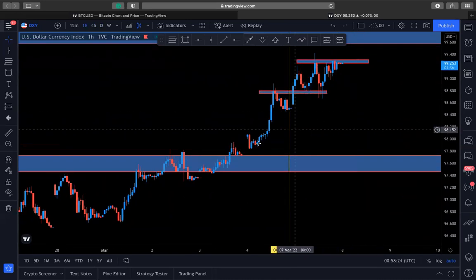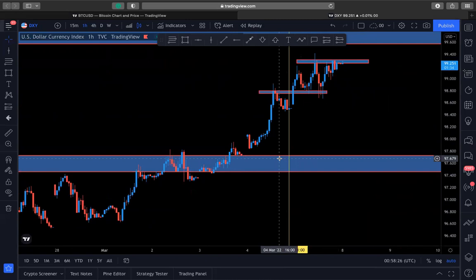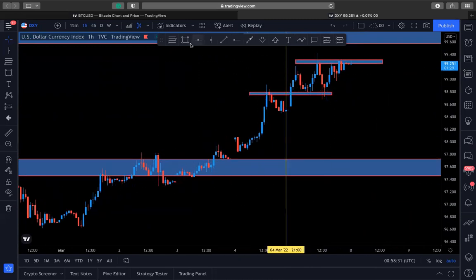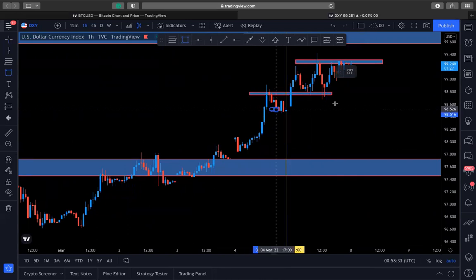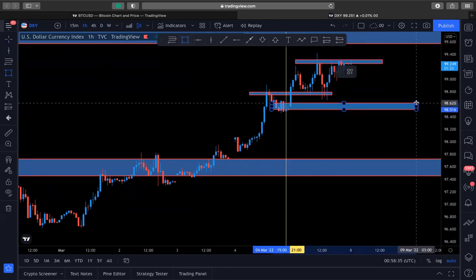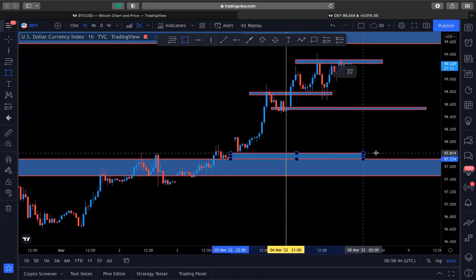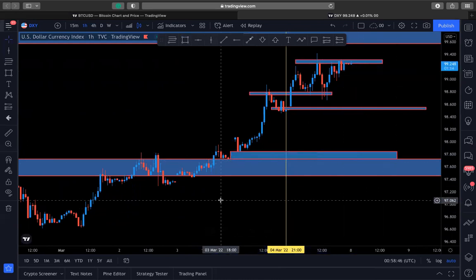And it would be nice if we could start to see price fill some of these gaps. Looking here, we have a gap here that price is yet to fill. And we also have another gap here that price is yet to fill.